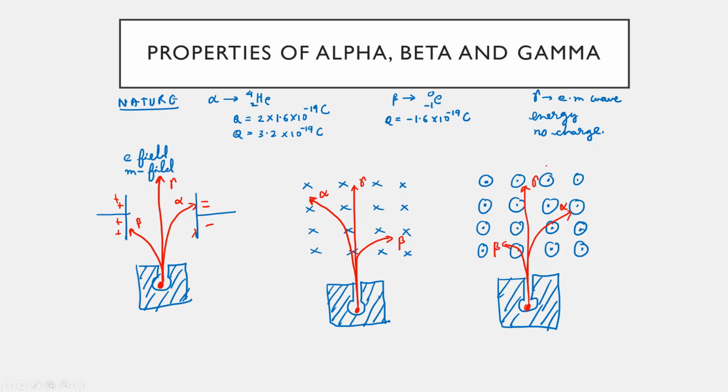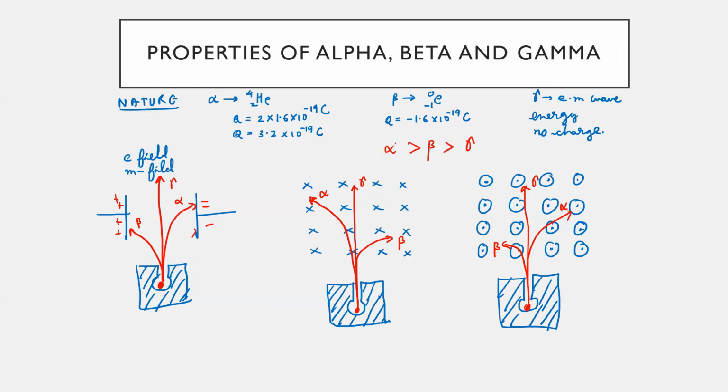So these are the diagrams with respect to the electric and magnetic field that you are expected to know. Then the next property for alpha, beta, gamma is ionizing power. Alpha ionizes most, then beta, then gamma.